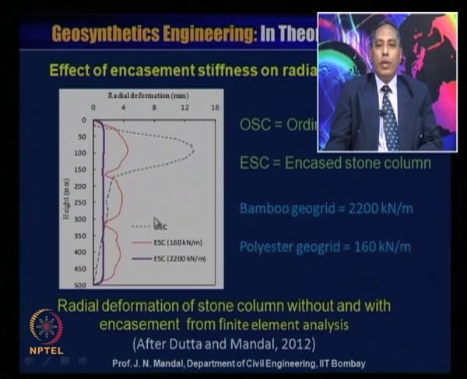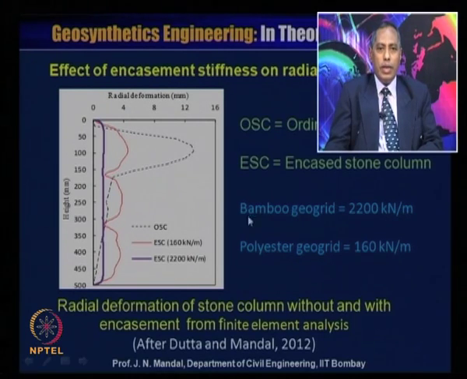Here we have used the bamboo geogrid with stiffness of 2200 kilonewton per meter, and the polyester geogrid with 160 kilonewton per meter. So, what is the radial deformation of the stone column without and with the encasement from the finite element method?